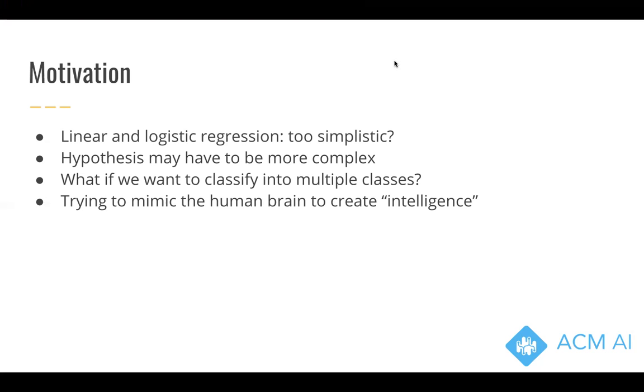A lot of times when we're talking about neural networks, we start off by talking about the human brain and what the relationship between the two is. A neural network is introduced as similar to a human brain because we're trying to mimic the intelligence of a human brain. If you think about the way a human brain works, it takes in a lot of inputs and gives you an output, right?